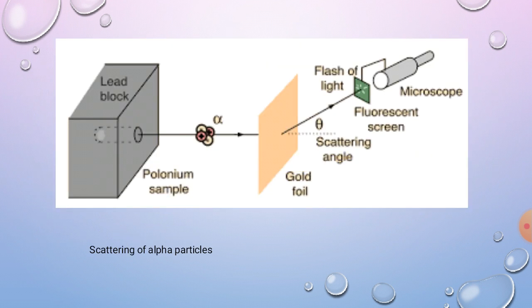We see the diagram. This is first the small lead box, then gold foil, microscope, fluorescent screen.